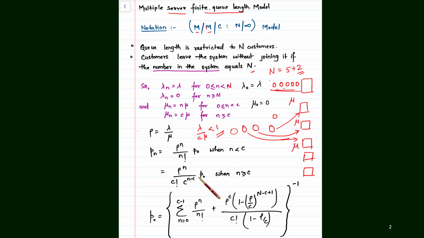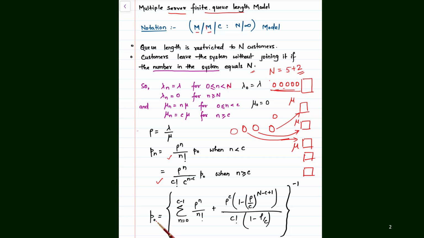This is actually a finite queue length model, so it is not required that this should be less than 1, nothing to worry about this. Pn is equal to rho to the power n by n factorial into p naught. This formula we have already solved for the multiple server infinite queue length model. Now the formula for p naught will change.